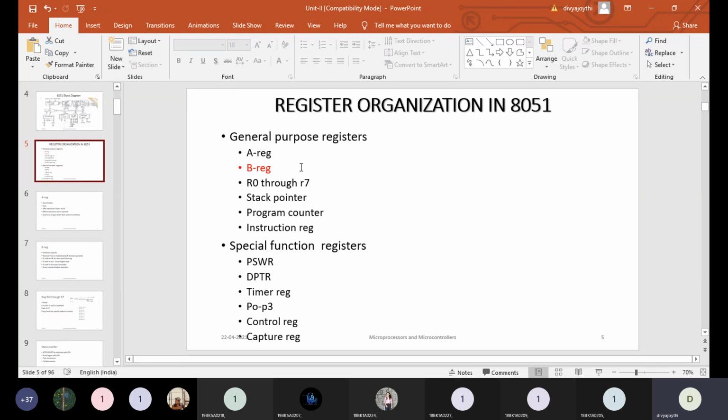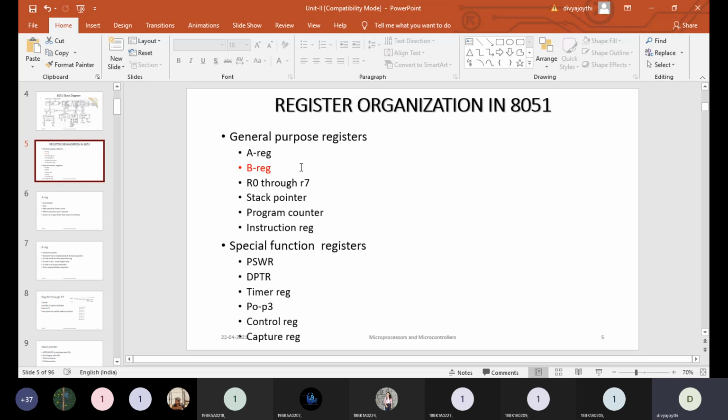But based on how you are using it, or in which operation, the B register may come under general purpose registers, or it may come under special function registers. So that is the speciality of the B register. It can be used as general, and it can be used for special functions also.